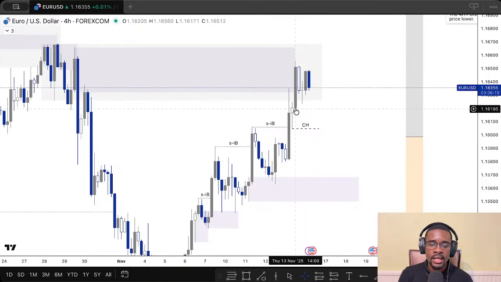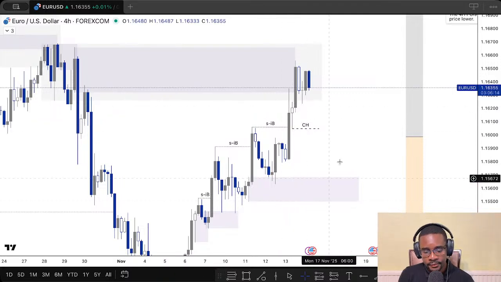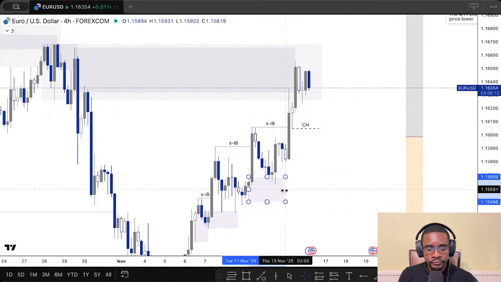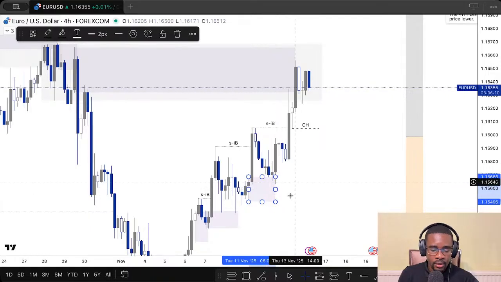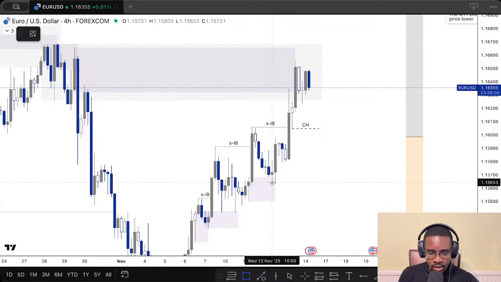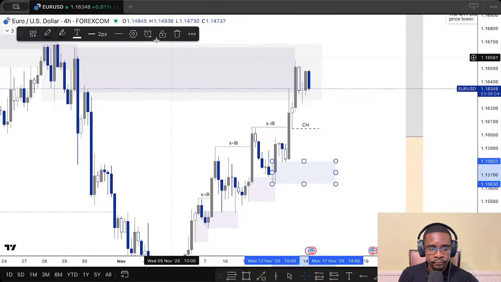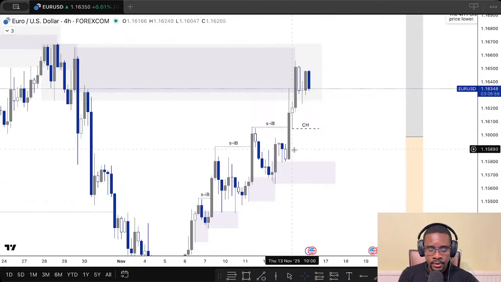so this is a demand. Okay, not the strongest. Okay, so let's look at the unmitigated zones that we have. So we have a demand that's been mitigated here.